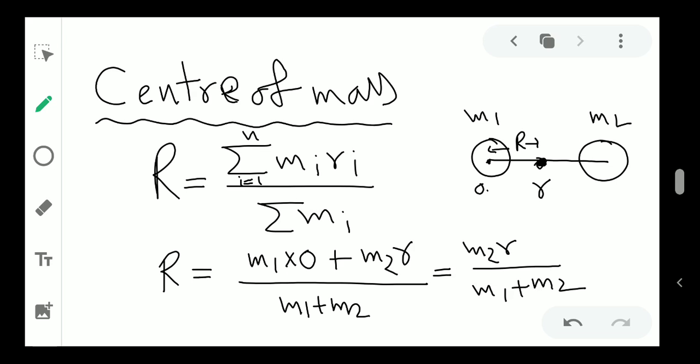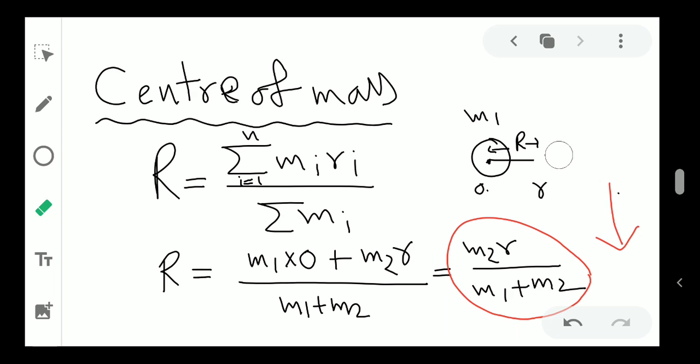Now from this situation, if suddenly I take this m2 out of the system, then whatever my center of mass was, the whole center of mass will go to 0, because now if m2 is not here, only m1 is here, and the center of mass for m1 will be at the center of that object itself.